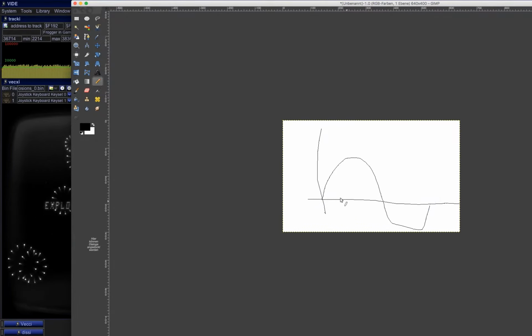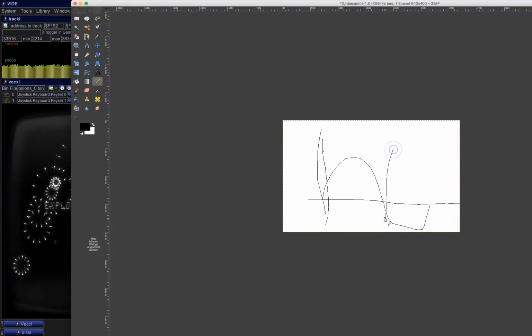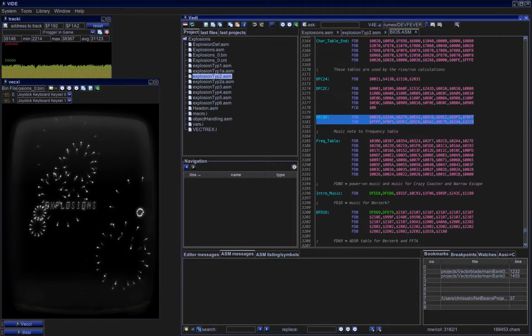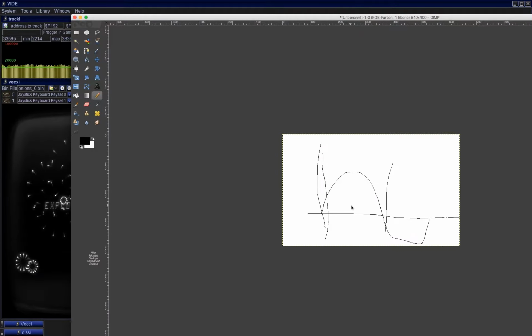You know what I mean. The data in the BIOS is from here to here, so the first half of the sine. And with this definition you can get all values of sine and cosine.